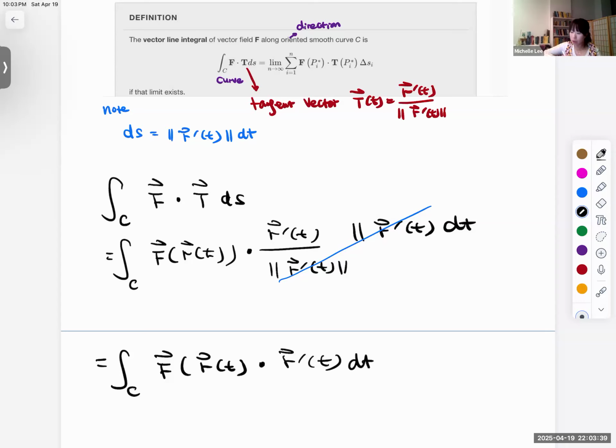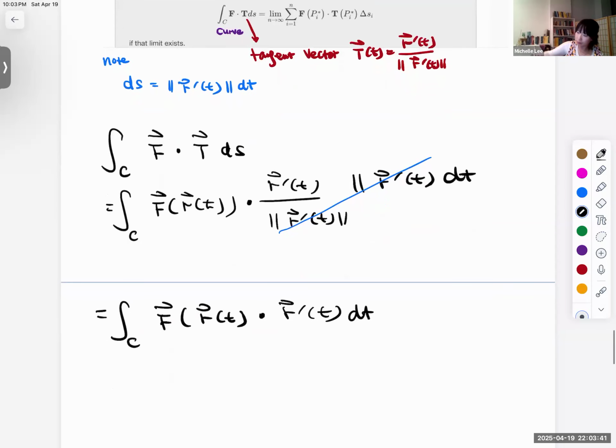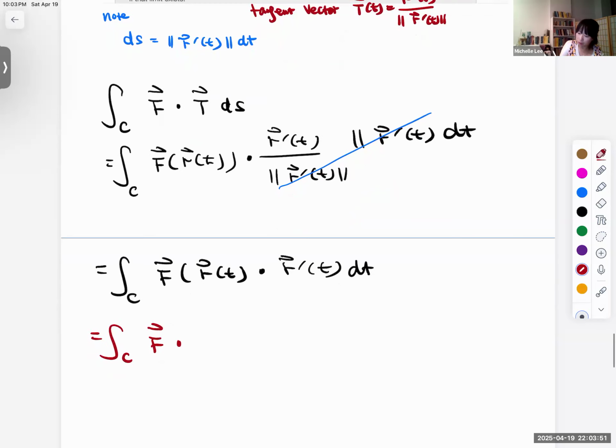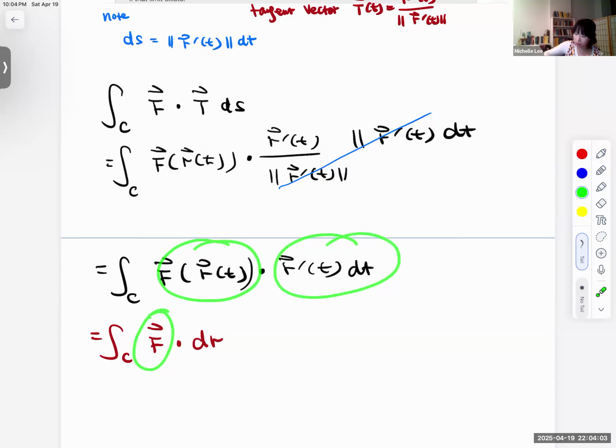So this one we can express as the line integral of the vector field dot product with dr. So we can make this one correspond to that, this one is this. Or I can express it this way, right?